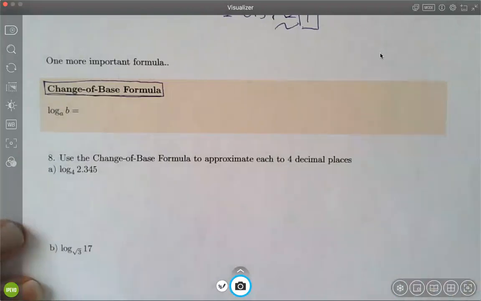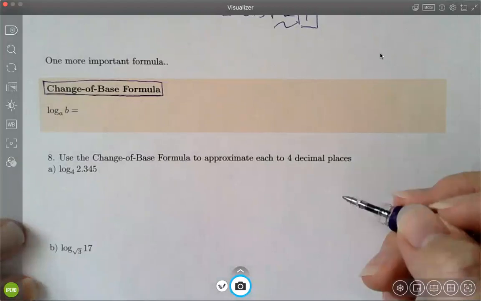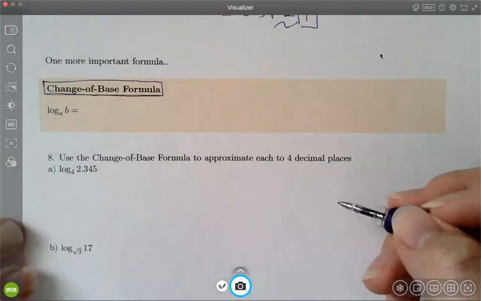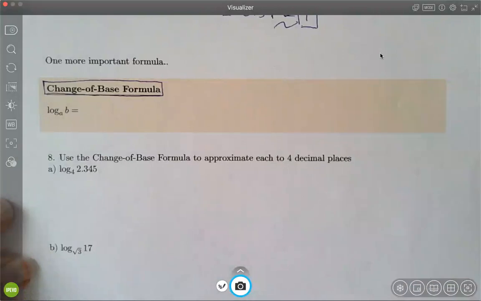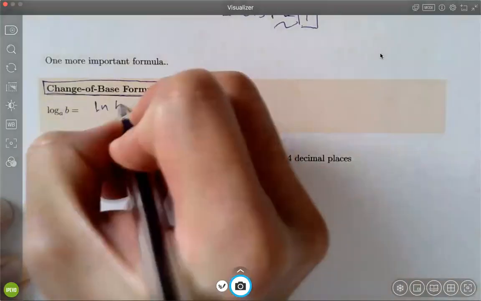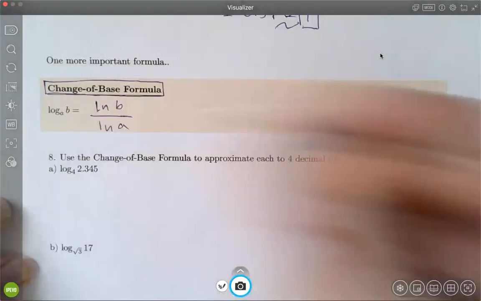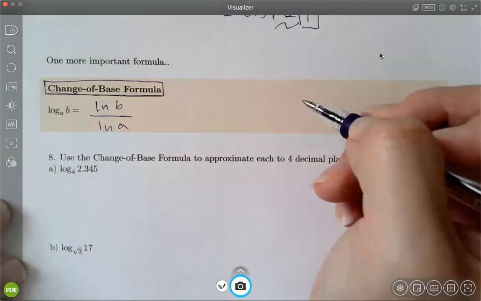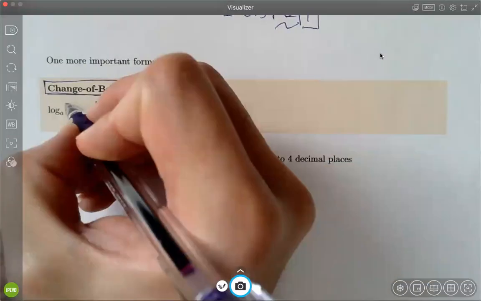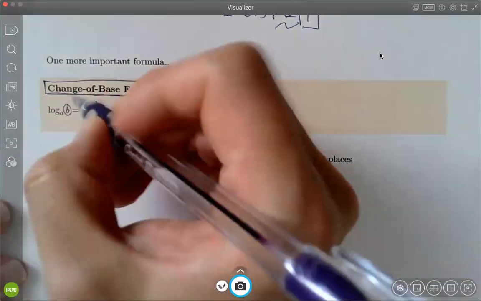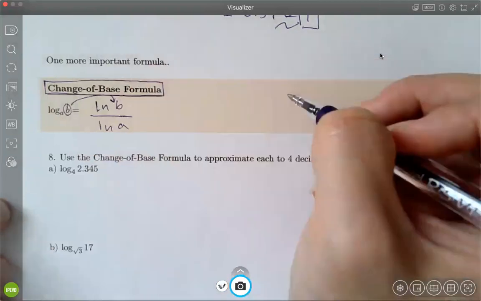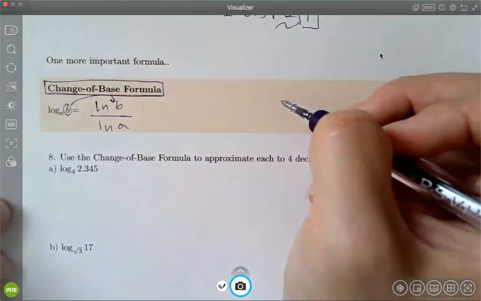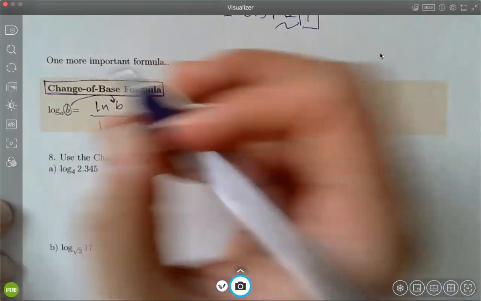Anyways, so log base A of B is equal to ln B over ln A. Okay, so we have the natural logs. So here, what do you notice? There's a fraction and the bigger number B goes to the top. Now here, bigger does not mean bigger in terms of the magnitude, but here it's the bigger font.